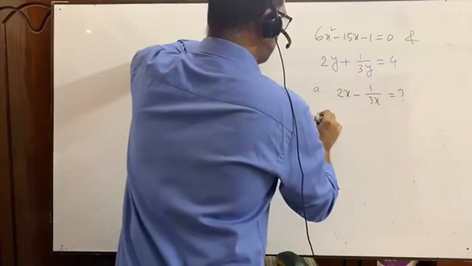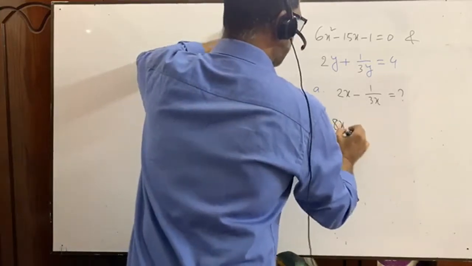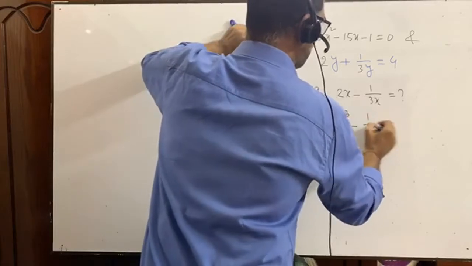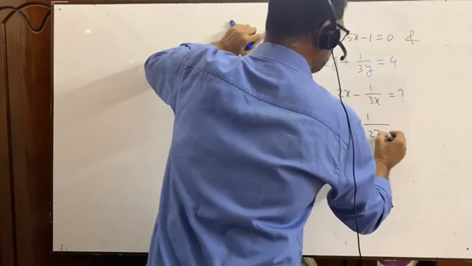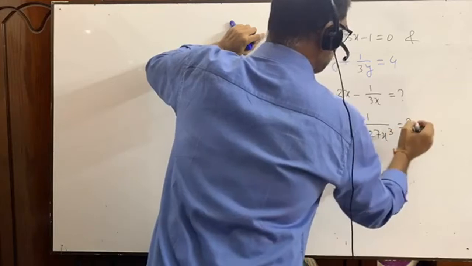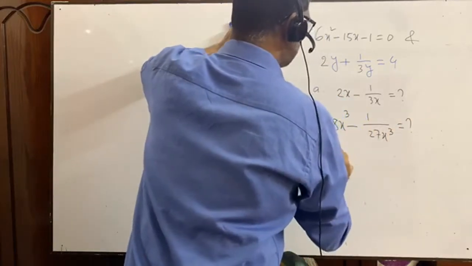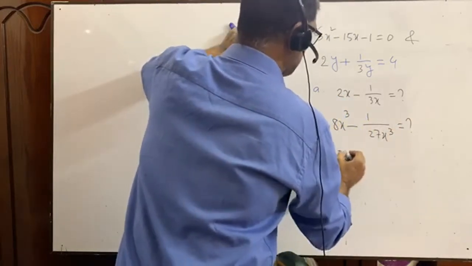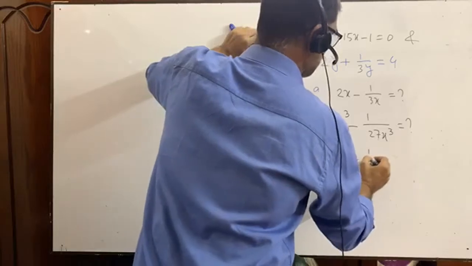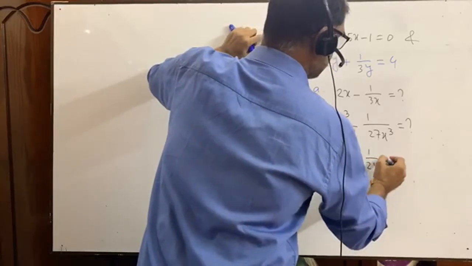Question number B: what is the value of 8x cube minus 1 by 27x cube equals to what? Question number C: 3y minus 1 by 2y equals to what?